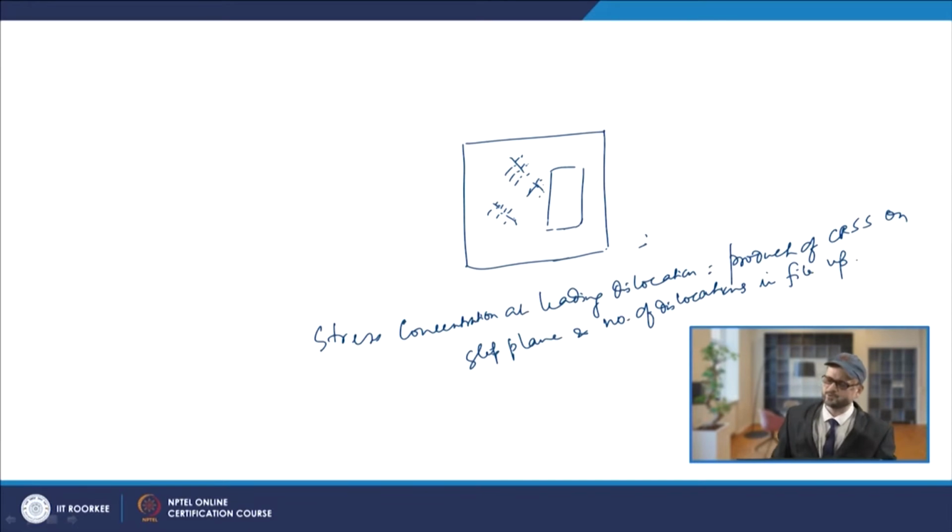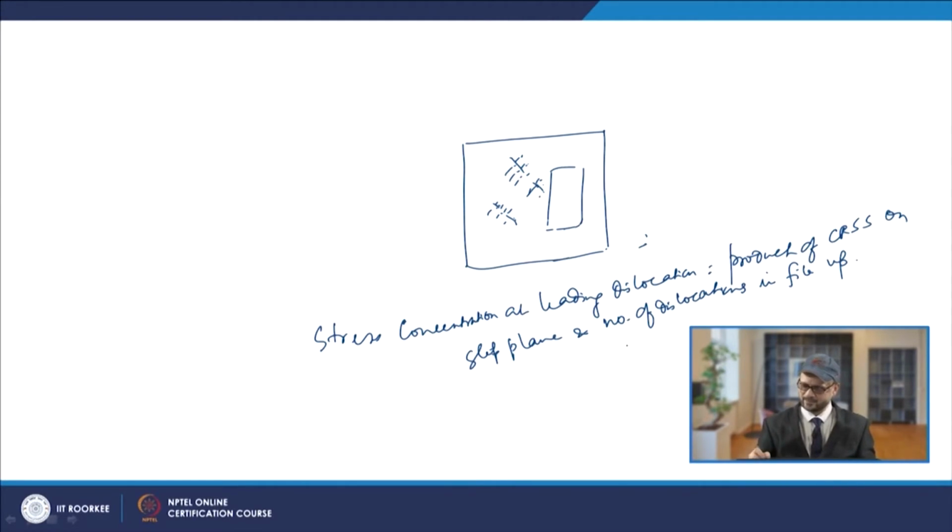So, the stress concentration at the leading dislocation depends upon the number of dislocations in the pile up, and the magnitude of this concentration.